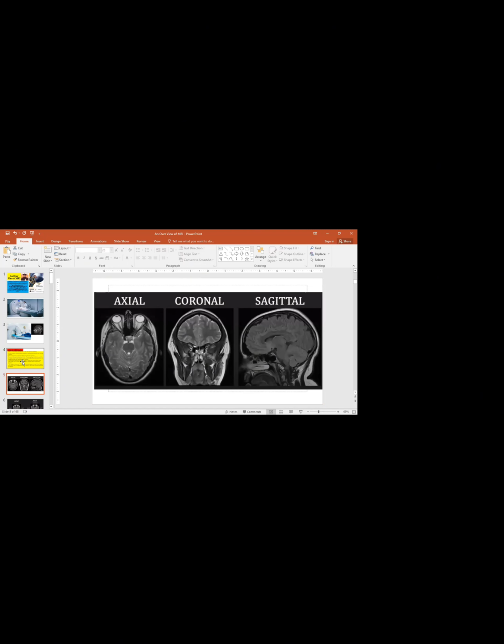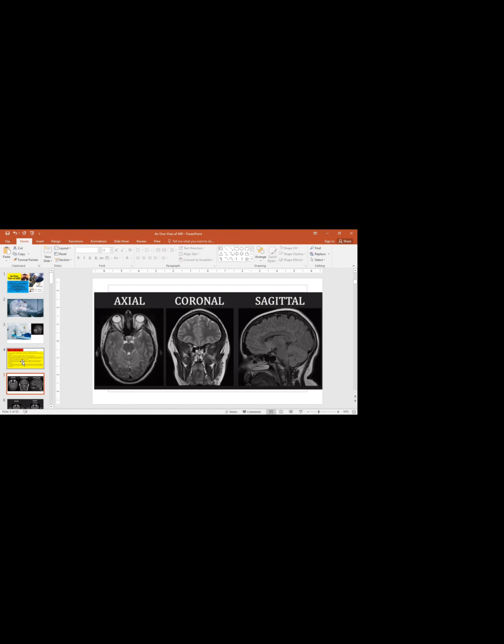Now, coming to our subject, the MRI, and how we acquire the images, which is our aim, which is our target, to acquire good images. So, as in many other types of radiological modalities, where we take the axial, coronal, and sagittal sections, same is here.